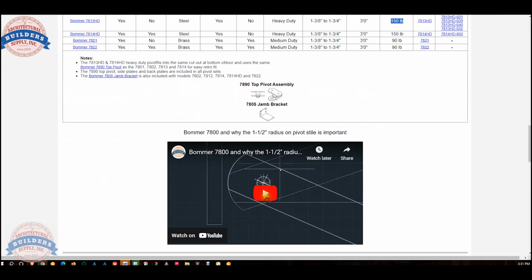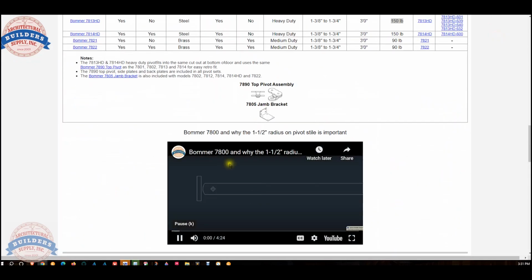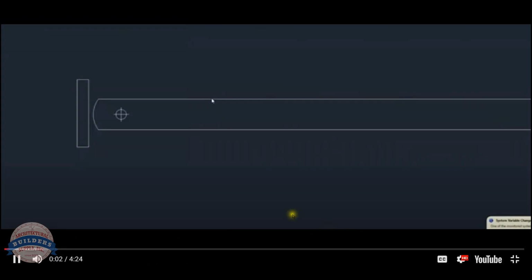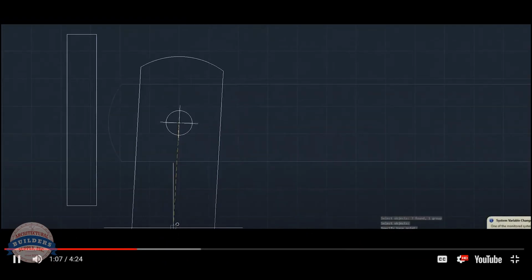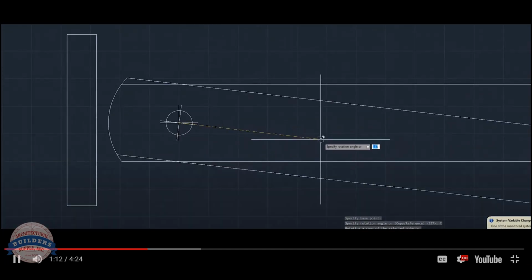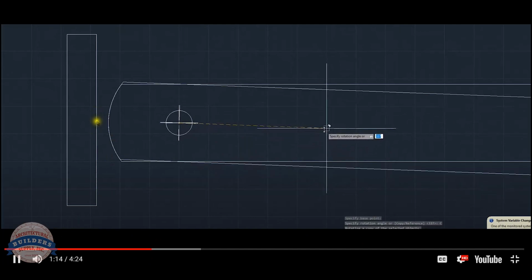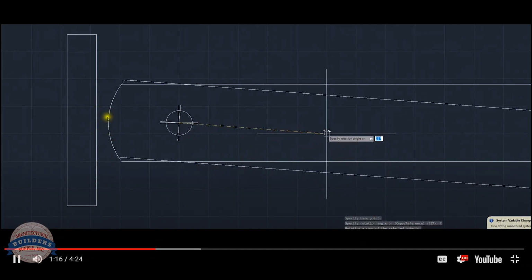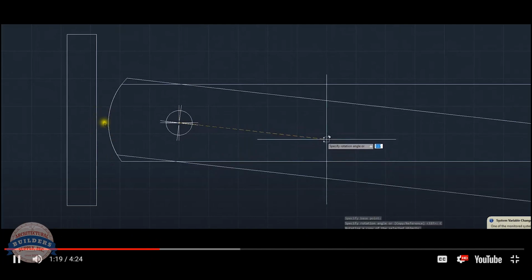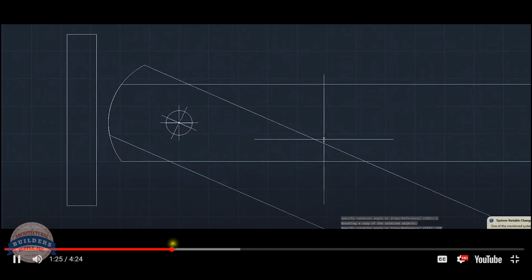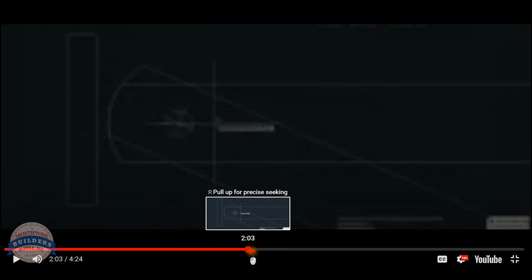Now, I have here a video where we show the importance of radius. What we have here is let's copy. The key part here is that nowhere does the door get any closer than this margin. If you had a square edge door, you're going to get a lot closer to hitting that. I'm sure that you can visualize that.